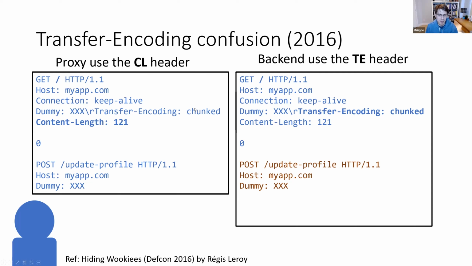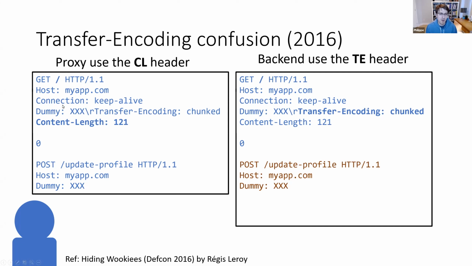And if we look closely at the request, because for each of those payloads, you really need to take your time to visualize how the proxies will potentially parse the request and how the backend will. So in my slide, I put in bold what the key things are that each party will see.